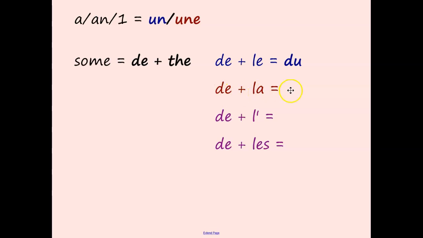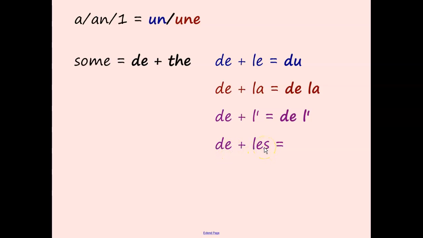De la, those two words work just fine together. So we can say de la if it's something that's less than one. De l', those are okay next to each other as well. So we can just do that, de l', before something that's singular and begins with a vowel. But then we have this combination, de les.